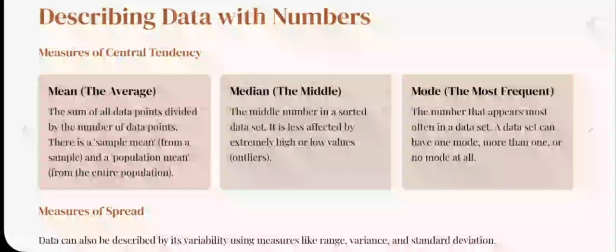And the mean is basically the average. The median is the middle number of a data set, and the mode is basically the number that occurs most frequently. So that's another way you could describe your data using those types of numbers. You can also describe it in terms of range, variance, and standard deviation.